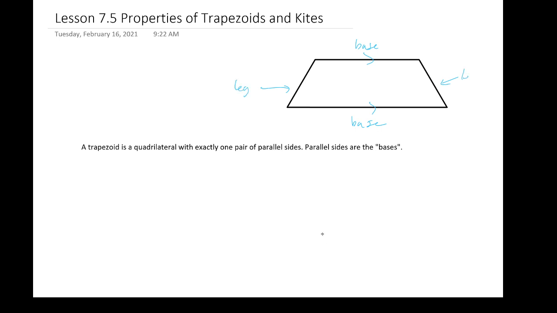Let's rewrite that. The base angles, for example, base angles paired here, these guys are going to be base angles.